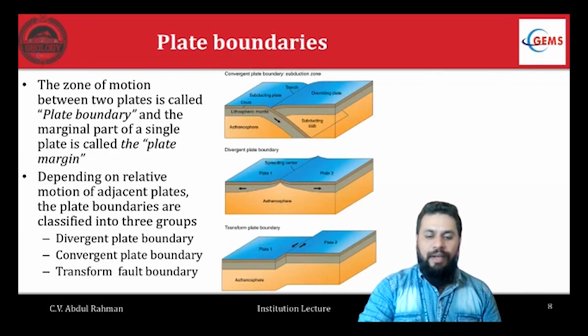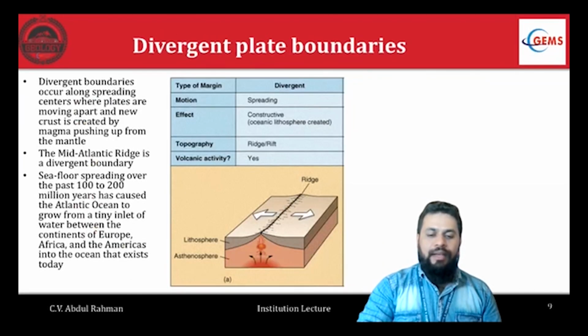Primarily, the plates are moving diverging. First of all, the plates are moving apart. So the mantle magma will rise beneath the surface, beneath the crust. It will form a wedge. When the magma is applied into the wedge, the plates move apart. This kind of movement is called divergent plate movement.